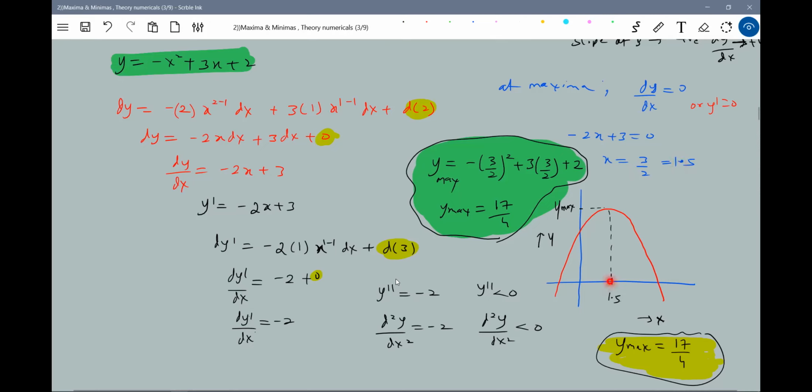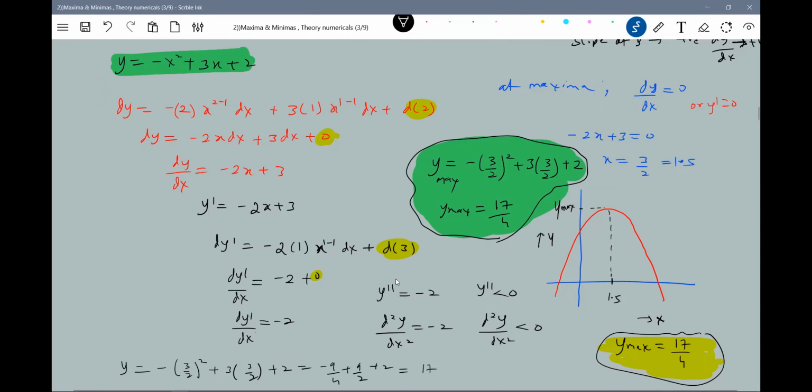How to calculate that maximum value? This value of x you have to substitute here. So when you solve it, what do you get? y is equal to minus of 3 by 2 whole square, plus 3 into 3 by 2, plus 2. So this will be minus 9 by 4, plus 9 by 2, plus 2.